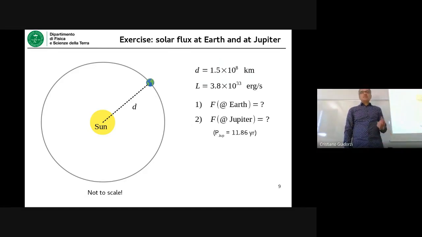And also, for example, you can calculate the same quantity at Jupiter's distance. I don't give you the Jupiter distance, but I give you the revolution period of Jupiter in units of Earth year, or just year. It takes Jupiter almost 12 years to make one full orbit, precisely 11.86.